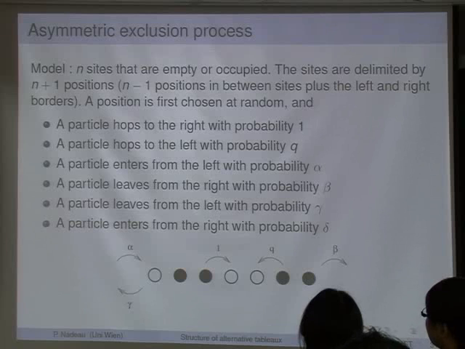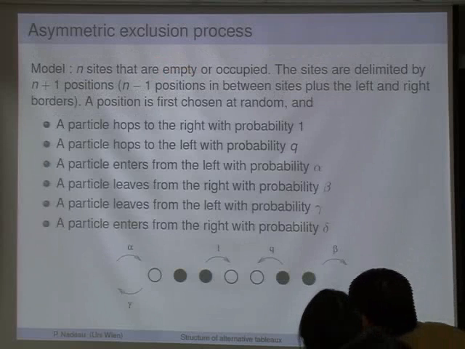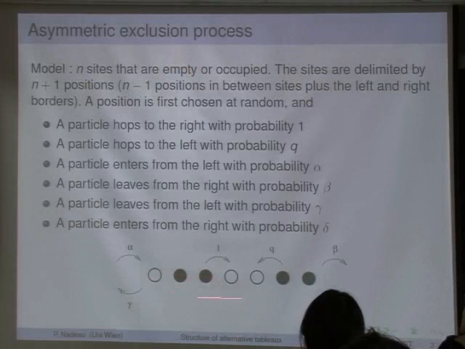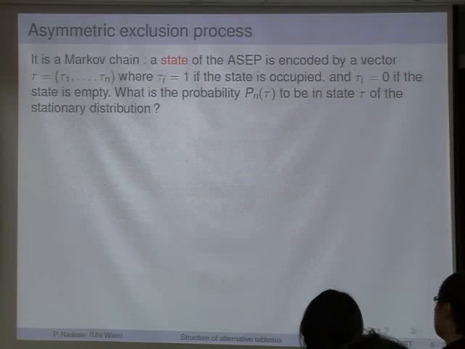And so as a Markov chain in probability, Markov chain means the states are the possible configurations of occupied sites and non-occupied sites. So this will be coded by 0, 1, 1, 0, 0, 1, 1. Okay, so there are 2 to the n states.